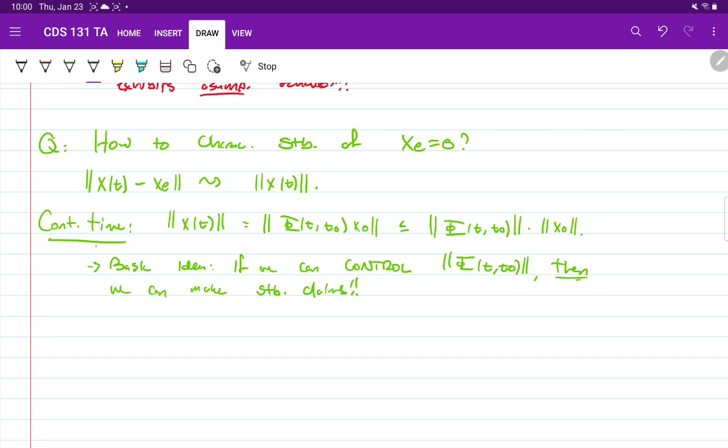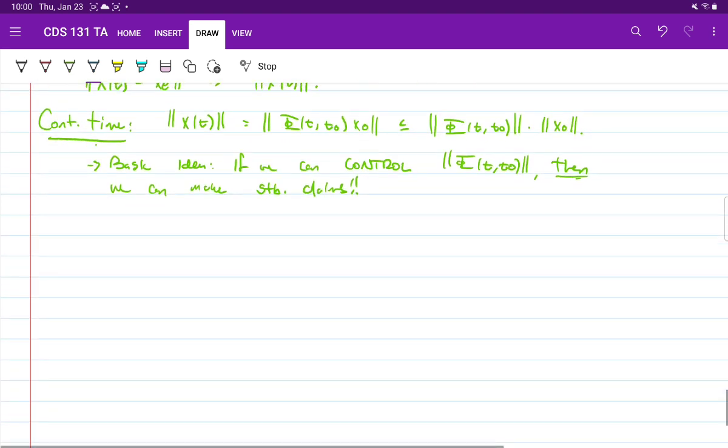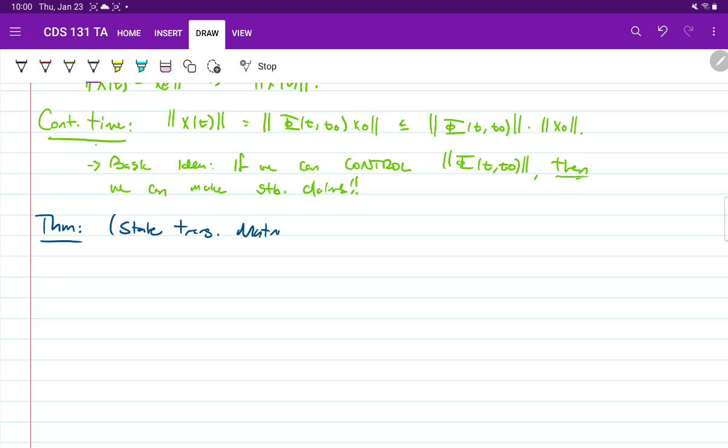So let's go ahead and state a theorem concerning this state transition matrix characterization of stability. Here I'm just going to focus on the continuous time case. If you're interested in the discrete time case, you can find the details of that in the notes, okay? Let's go ahead and state this theorem. Okay, so theorem, which I'll call the state transition matrix characterization of stability.